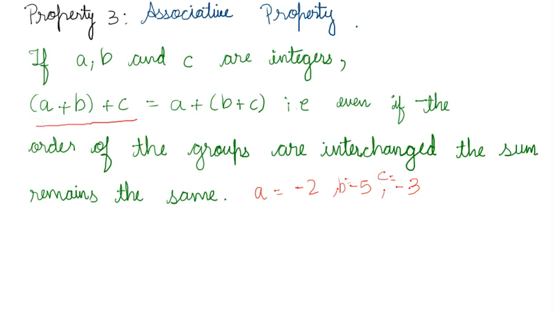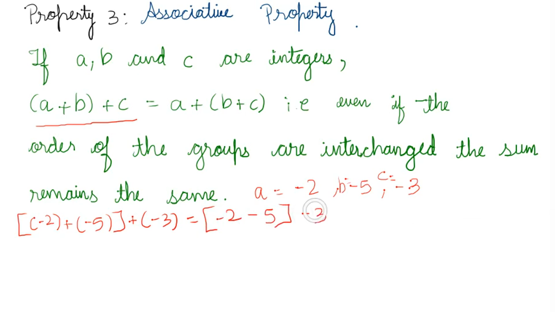So this is nothing but minus 2 plus minus 5 plus minus 3. Now you have minus 2, and plus into minus is minus, and 5. Again you have one more plus into minus, so that is minus 3.